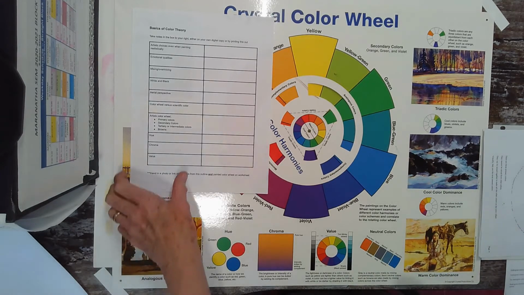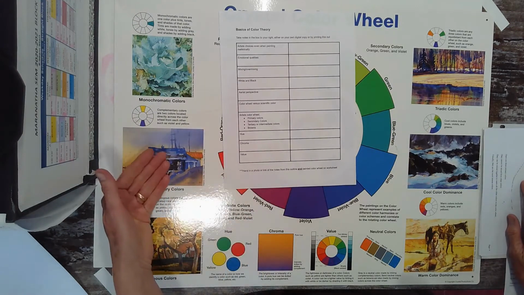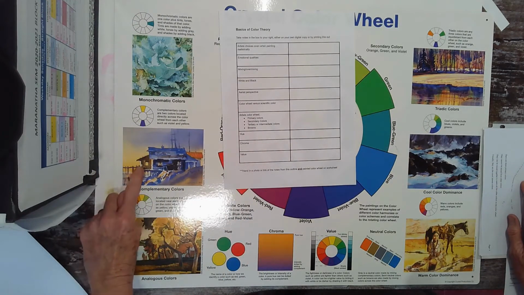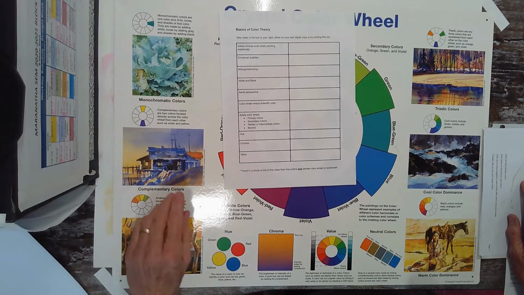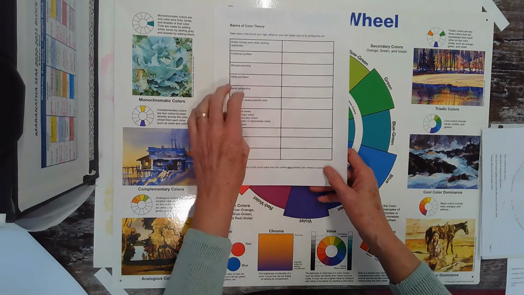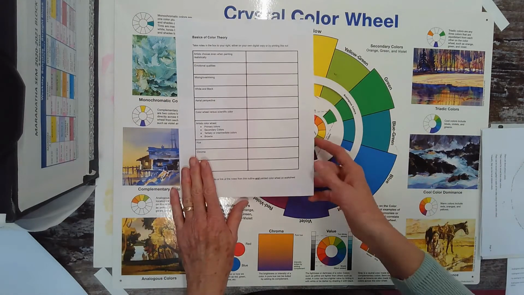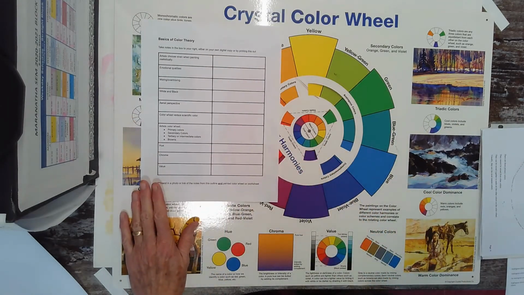If the mountains are away from me, they start looking kind of violet. Colors are brighter towards me and then start getting dull. You can see this right here is dulled out a little bit because it's further away. This is brighter here, dulling out a little further away. So there's this thing that happens, and we'll study that. That's totally separate from the color wheel, but it is something that happens with colors.